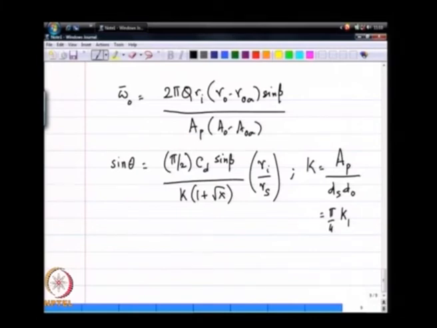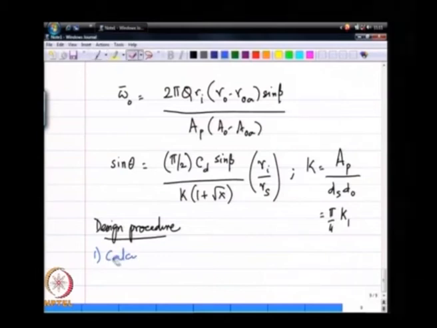Okay, so let us quickly recap and write down the design procedure. First calculate C d. So, the first step starts by assuming R0.